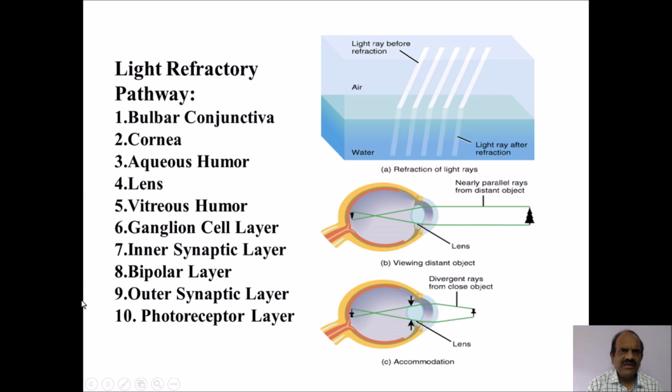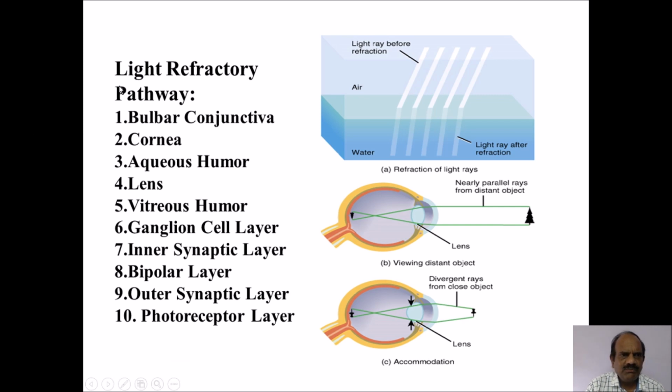Now while light passes from one medium to another medium, we know that there occurs reflection or refraction. Since the light is passing through a transparent medium, there occurs refraction of the light as shown in the figure. It gets refracted through the eye.